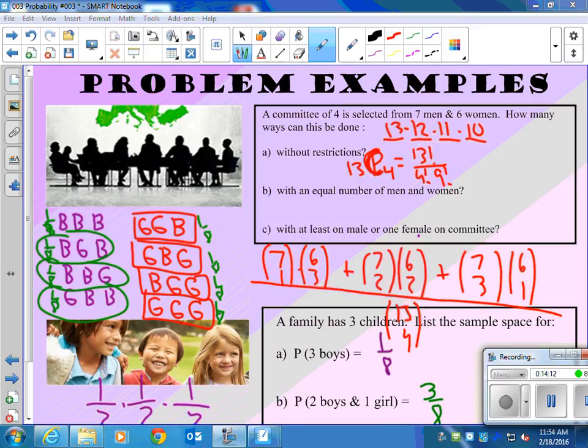Yeah. I did all possible ways of 13 choose 4 minus 2 times the combination 7 choose 4 because you can't choose all males and you can't choose all females. So minus 7 choose 4, and that would be 6 choose 0, right?